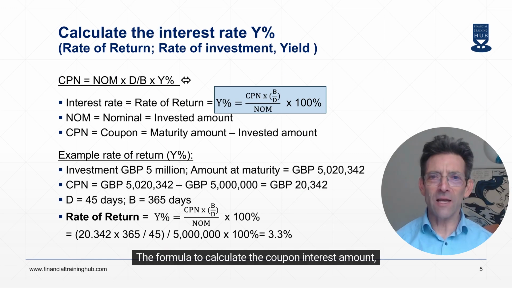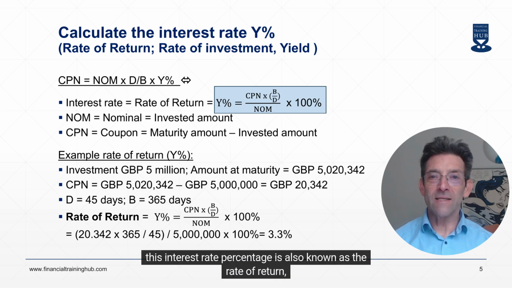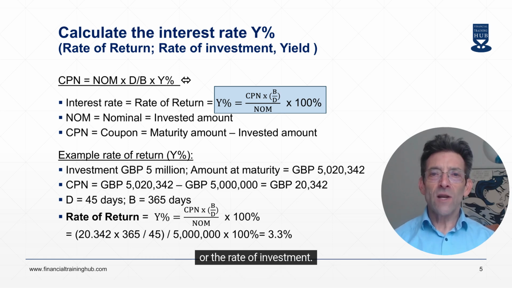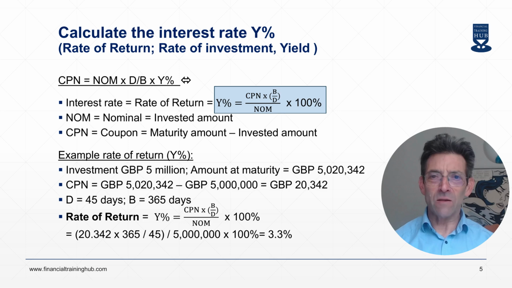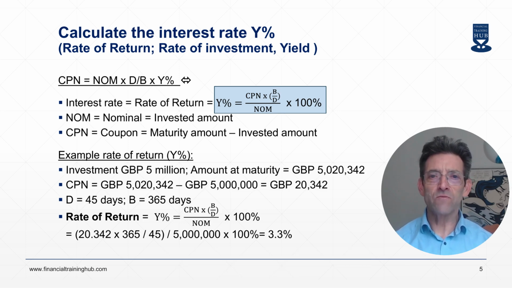The formula to calculate the coupon interest amount can also be used to calculate the interest rate percentage, the yield. In finance, this interest rate percentage is also known as the rate of return, or the rate of investment. The rate of return is represented by the y in the formula. Please remember that all periodical interest rates are annualized.